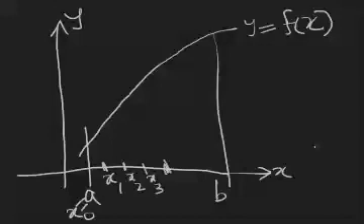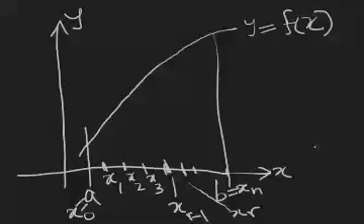A general point, say x sub r minus 1, and this is x sub r and x sub r plus 1, and it goes to the last point, the end point, x sub n. This is the first sub-interval, second sub-interval, like that. This one is the r-th sub-interval, right?